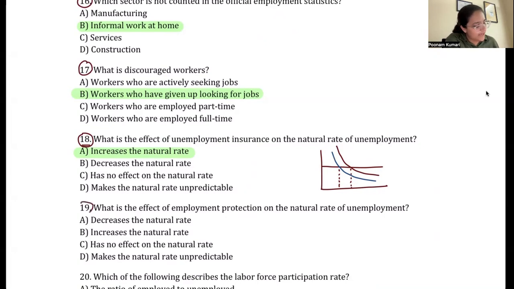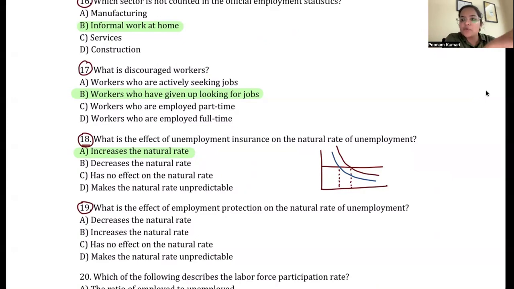Okay. Question number 19. What is the effect of employment protection on the natural rate of unemployment? B. Increases the natural rate. If you are getting protected, protection could mean in any sense. The government could provide you some assistance when you lose your job, or if the employer doesn't do certain things, they will have to pay some penalty.